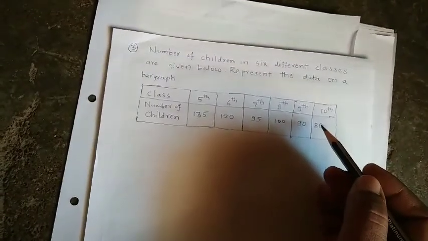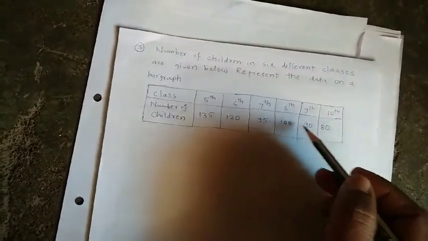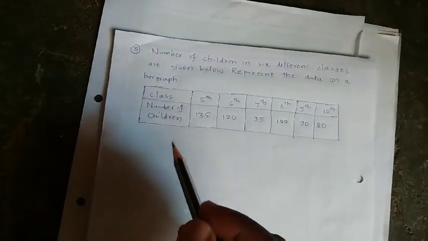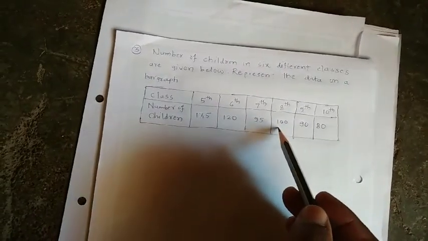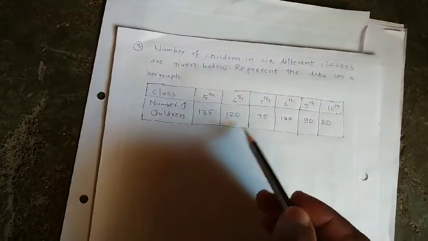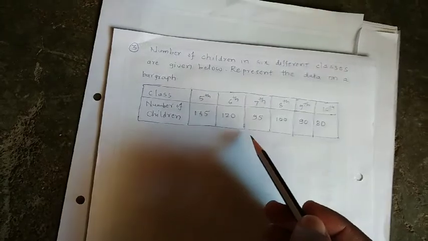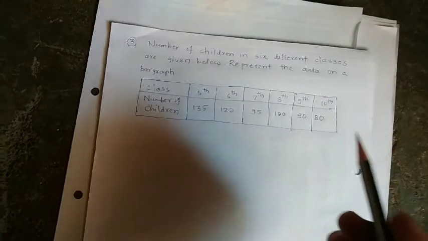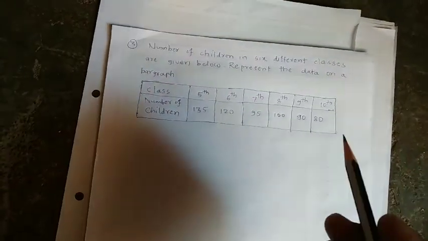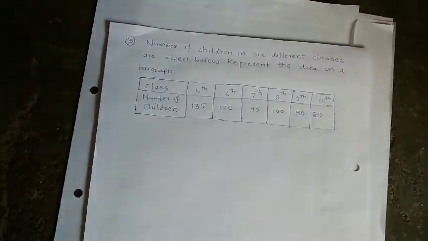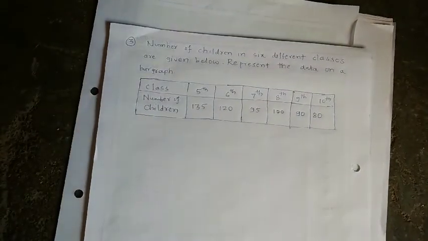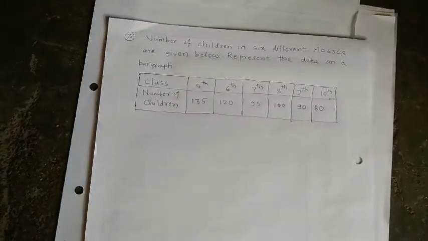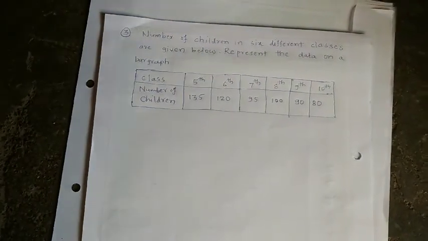This 80, 90, 100 and 120, all these are multiples of 10, except 95 and 135. So nothing happens. We have to choose a scale in such a way that the numbers come out in multiples. So here I choose a scale of 1 centimeter as 10 children.